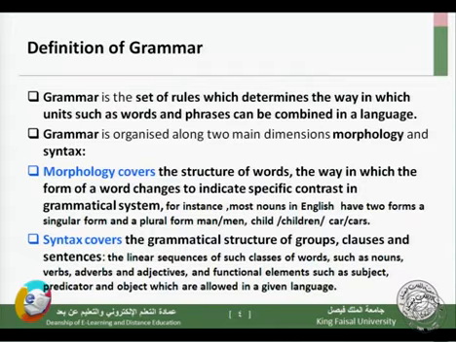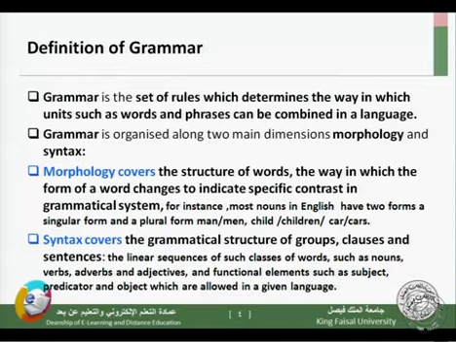It is a set of rules which determines the way in which units such as words and phrases can be combined together in a language. It means the grammar determines how words and phrases can be combined together in a language. This is grammar.